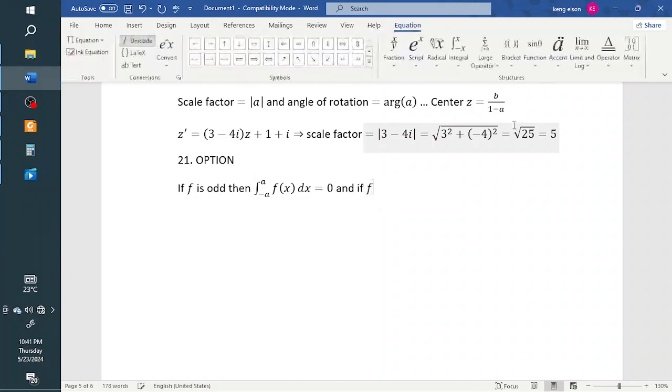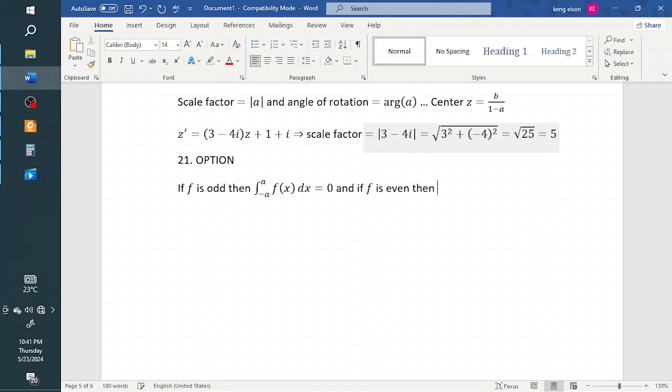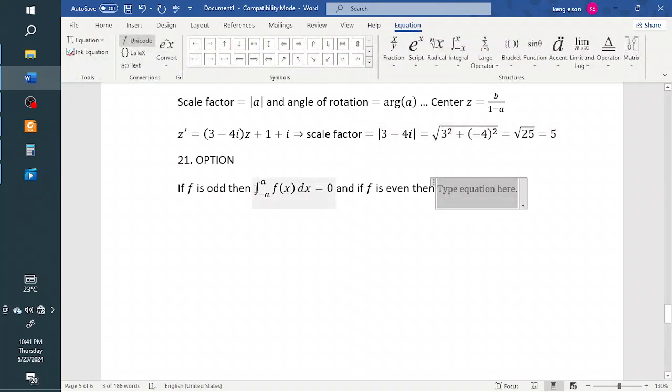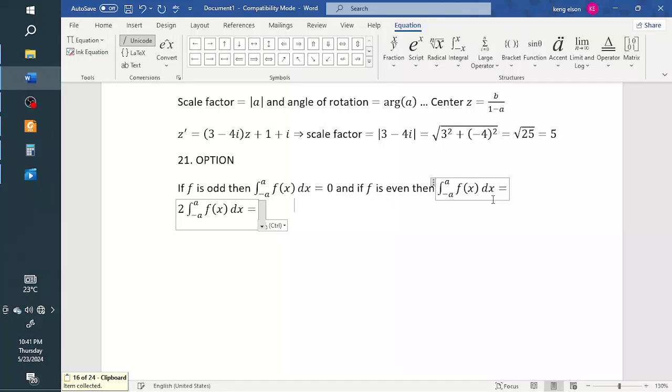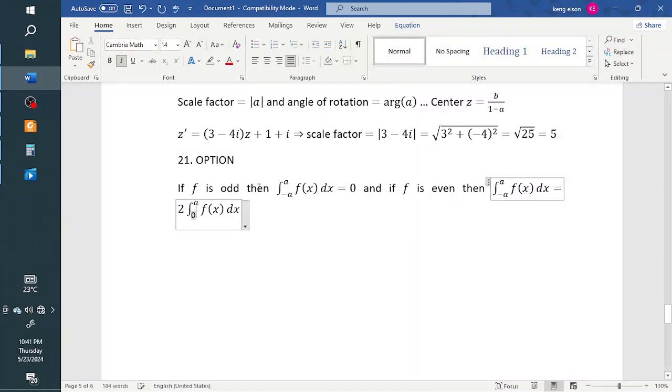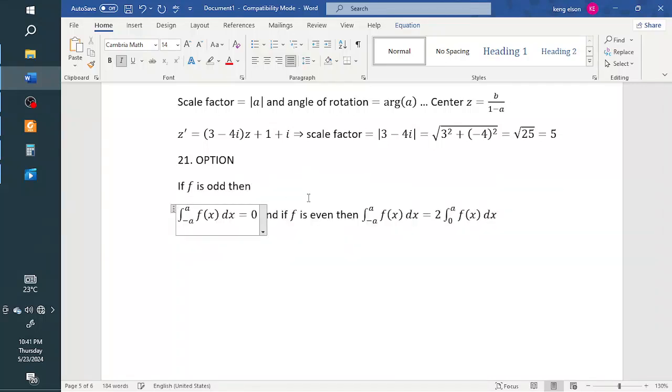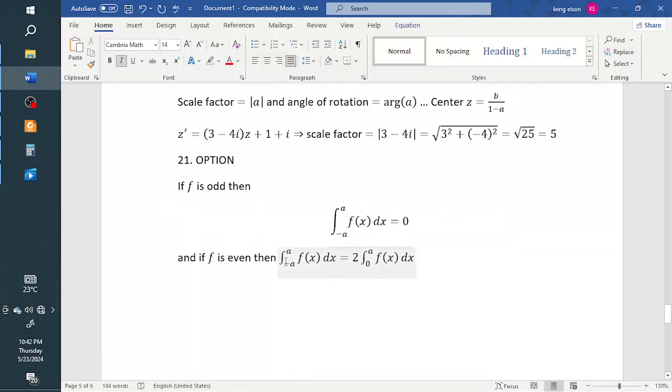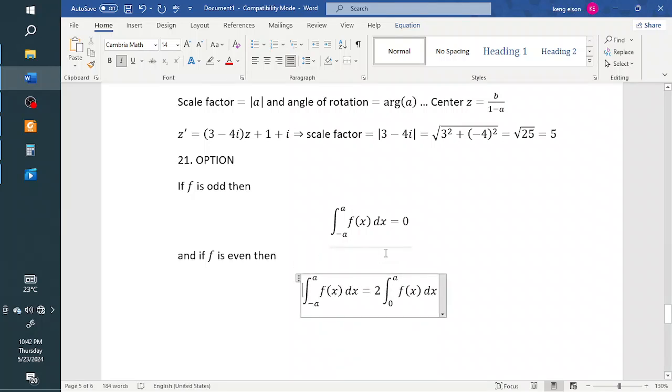If f is even, then the integral from -a to a of f of x is equal to 2 times the integral from 0 to a of f of x. So if f is odd, then that integral happens, and if f is even, then this integral happens.